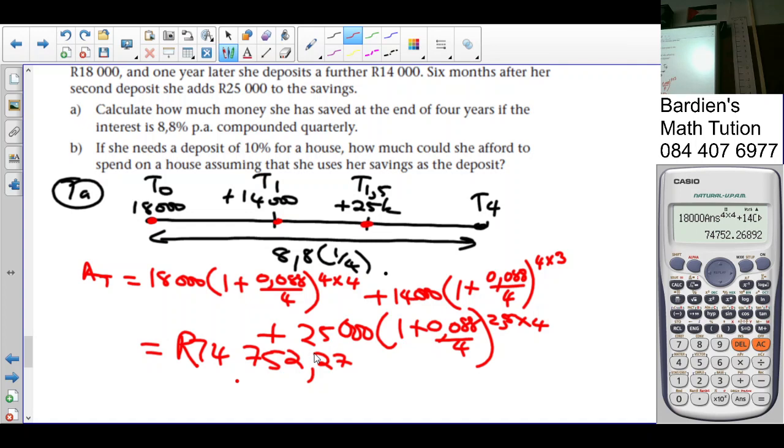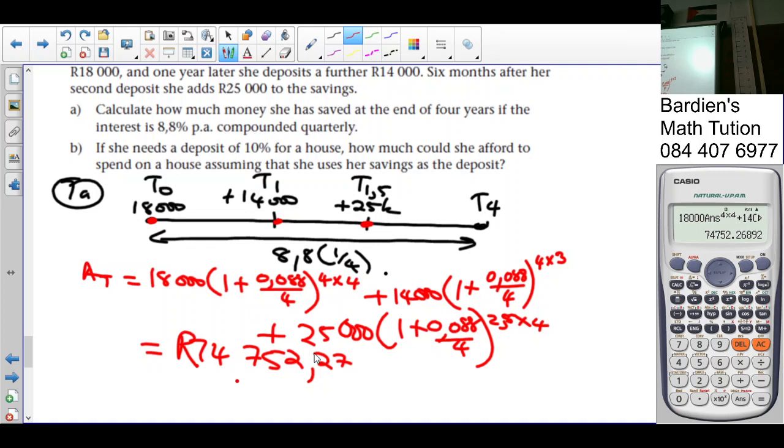And then I added the 14,000 to my answer. Then I got my answer 32,657.04. Yes. Open bracket 1 plus 0,088 over 4 times 4 to its 24 times 1. Yes. That's going to be 5,153.35. And then I didn't want to drop that.